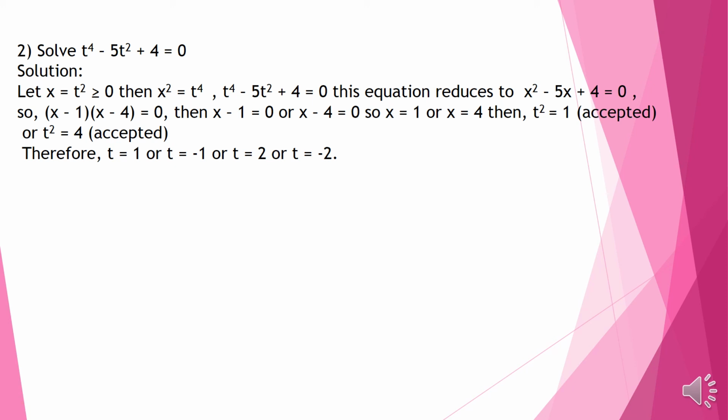Now, x, what is x? It is t square, which should be positive. X equal 1 accepted or not? Yes, accepted. T square equal 1, which is accepted. T square equal 4, also accepted. Sometimes you get, like, minus 1. So can you write t square equal minus 1?